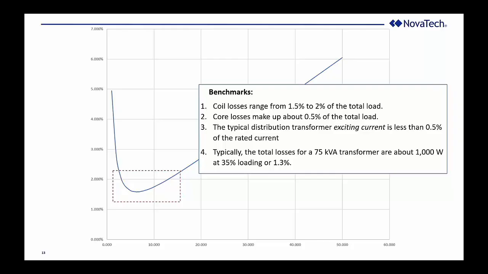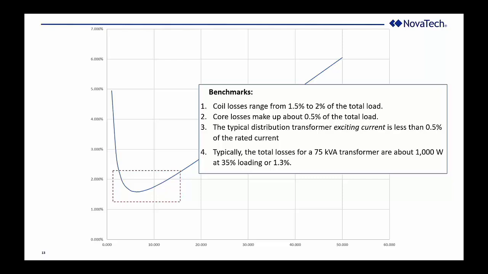Another aspect of the proportionality is that we aggregate the losses among the 3 phases, and we calculate the losses based on the assumption of a relatively balanced load.